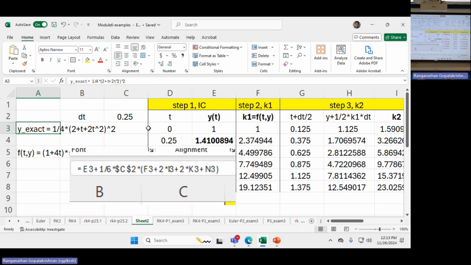Can we move on? Now you should be able to do the same first order ODE using Euler method, RK2 method, which involves computing K1, K2, and RK4 method, which involves computing K1 through K4. You can think of Euler also in the same template. Euler involves only K1, RK2 involves K1, K2, and RK4 involves K1 to K4.